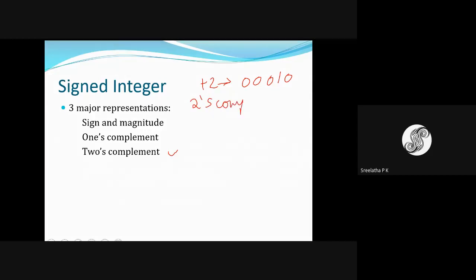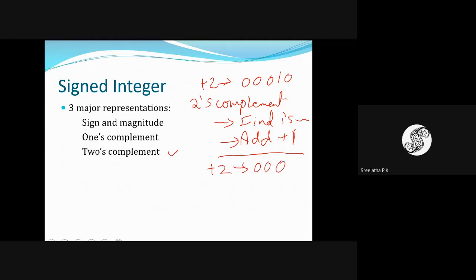The procedure to find the 2's complement is: find the 1's complement and add plus 1 to it. So that gives the 2's complement of any binary string. Okay, so plus 2 is 00010. I am taking a 5-bit pattern.